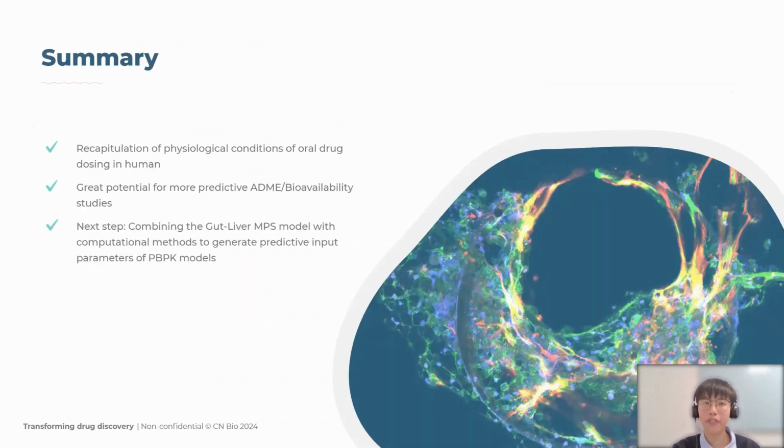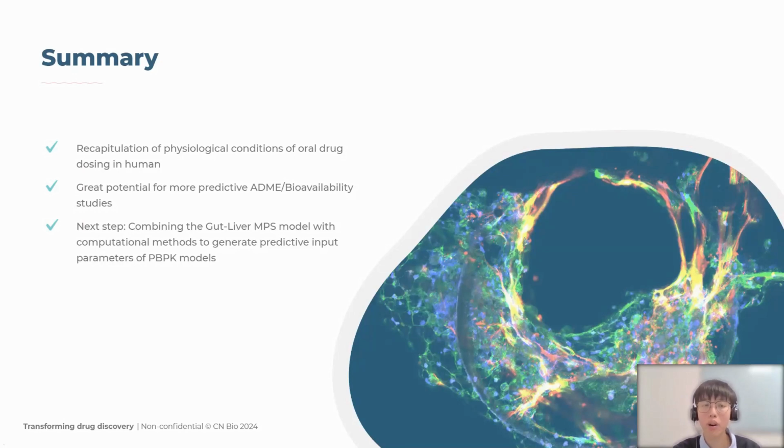So here are a few take-home points summarizing the potential of MPS technology in contributing to more success in preclinical drug discovery. First of all, MPS models with incorporation of primary cells have been able to reproduce the physiological conditions of an oral drug dosing in humans. For this reason, the MPS technology demonstrates great potential for more predictive ADME and bioavailability studies.